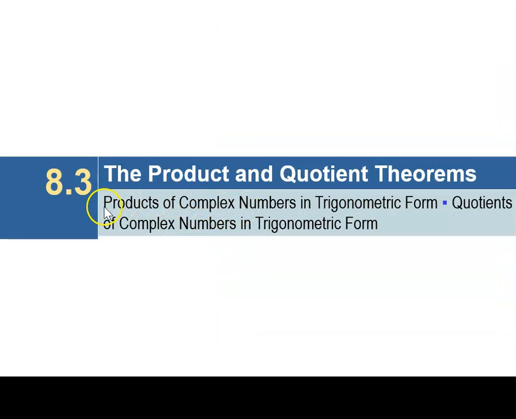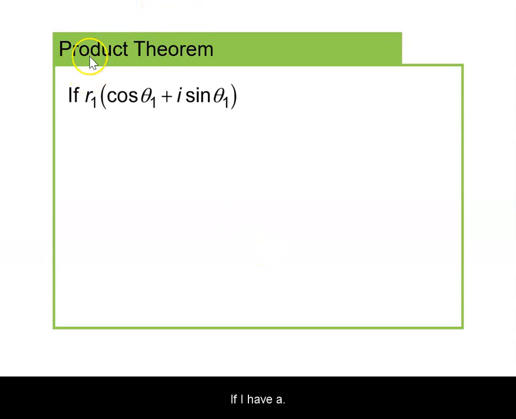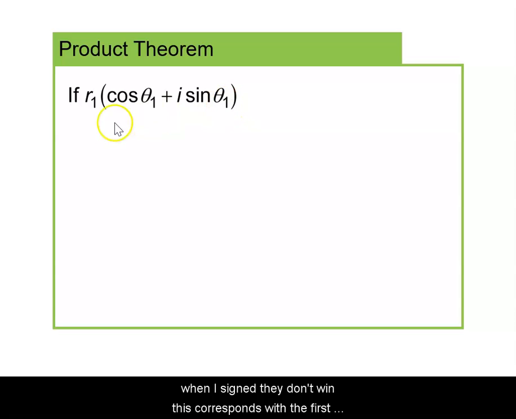Again, we're going to talk about products and quotients of complex numbers in their trig form, the polar form. The trig form is the sine and cosine, or the cis theta, r cis theta. So if I have a complex number in polar form, r1 cosine theta 1 plus i sine theta 1, this corresponds with the first number.